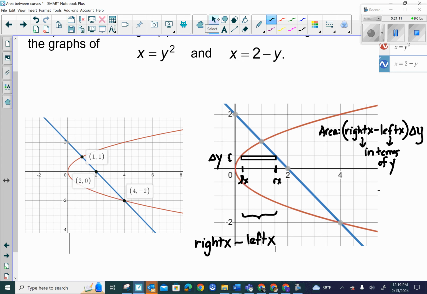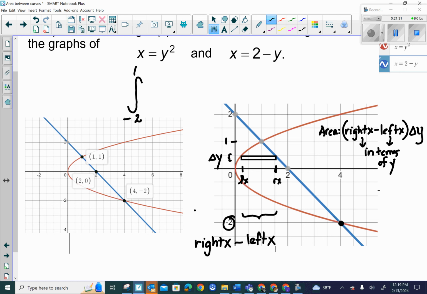Okay, so I'm going to go the integral from that point, which I know is -2. It looks like -2 for now. I'm going to call it that. From -2 up to 1.